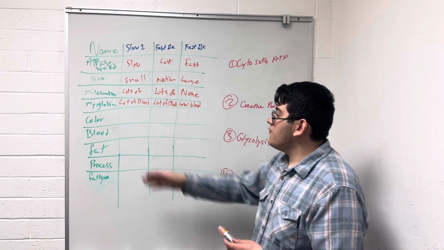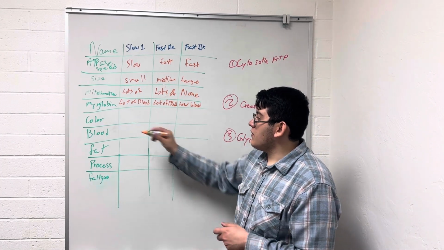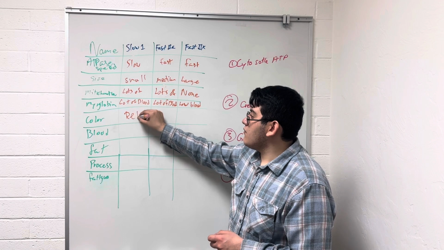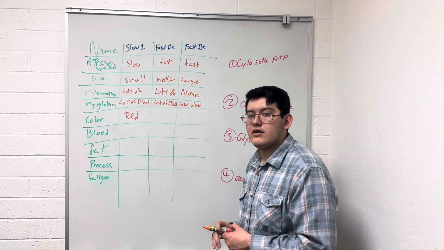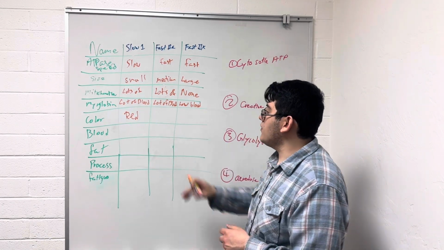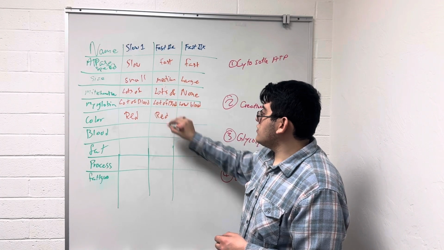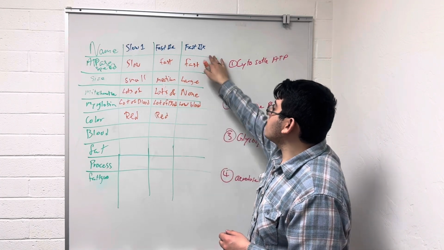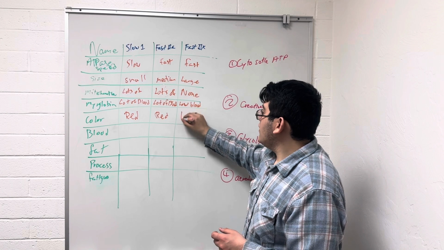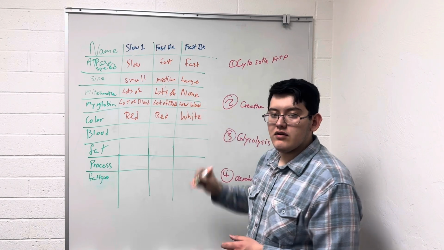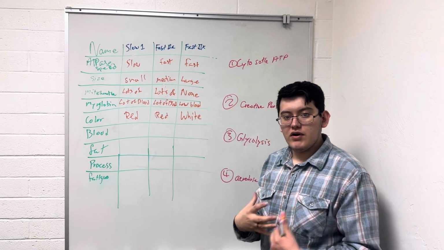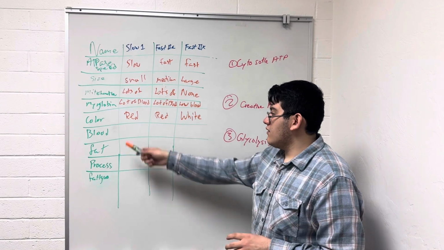In their colors, these tend to be more red because of the amounts of myoglobin inside the muscle, changing the color to red. While fast 2X, having very low amounts, tends to be more of a whitish color, like white chicken breast and the like.